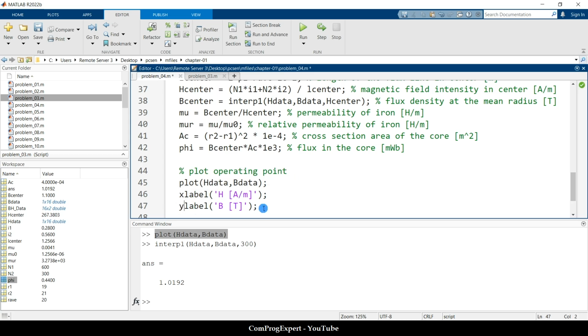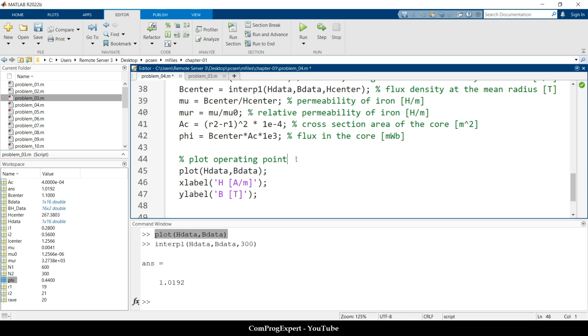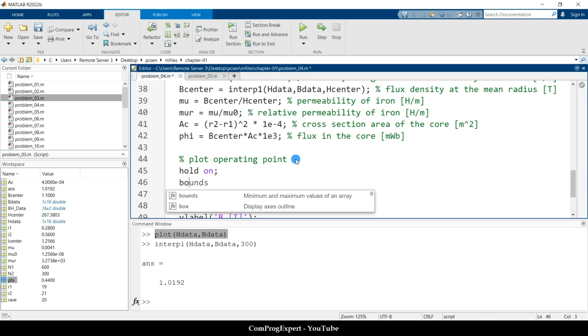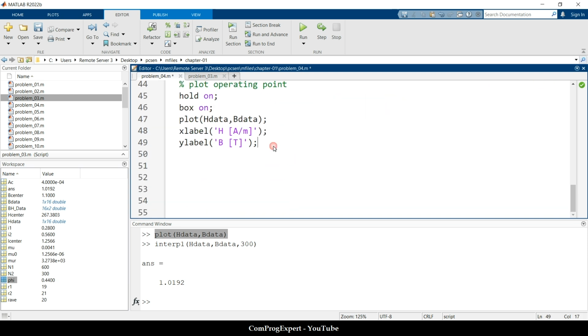So let's write this, hold on, box on, just to plot graphs on each other.